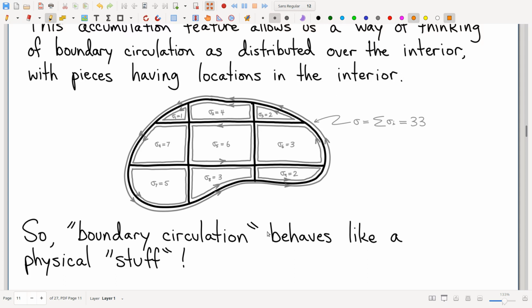So for example, let me make some color choices. If I were to look at this overall purple circulation around the whole boundary, right? Well, that's a bunch of pieces. That's this piece plus that piece plus that piece plus that piece plus that, et cetera, right?